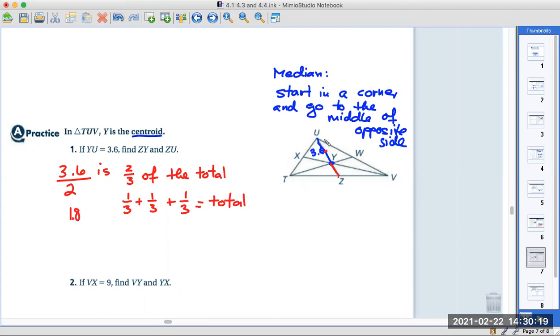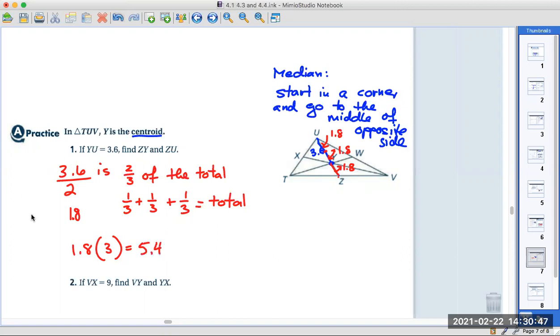So if I have 1.8 for that, and 1.8 for that, and 1.8 for that, then the total distance is 1.8 times 3, which is 5.4.